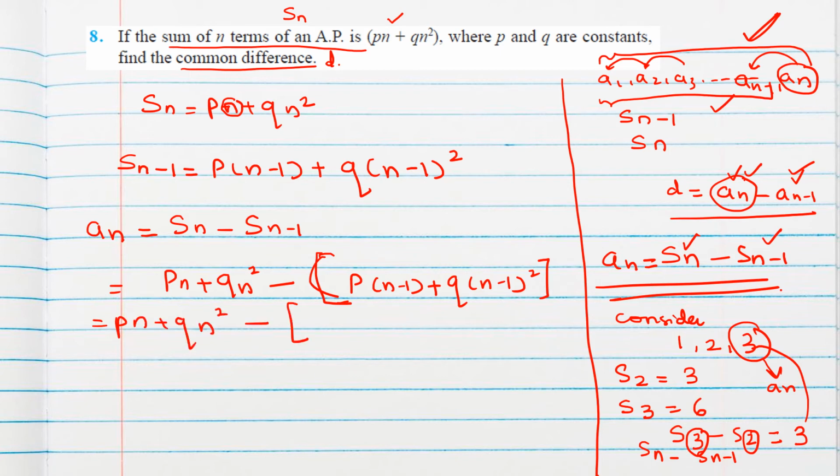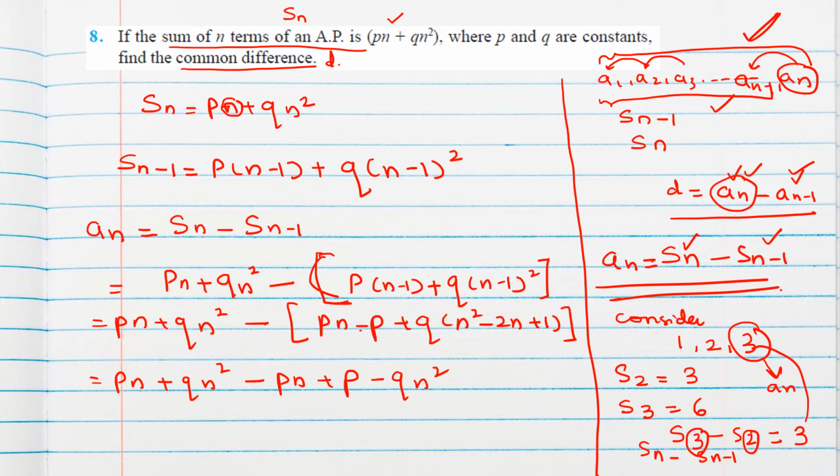From P, if you multiply, Pn minus P, and here first you should open the bracket with the identity, so n square minus 2n plus 1. So Pn plus Qn square minus Pn plus P minus Qn square.